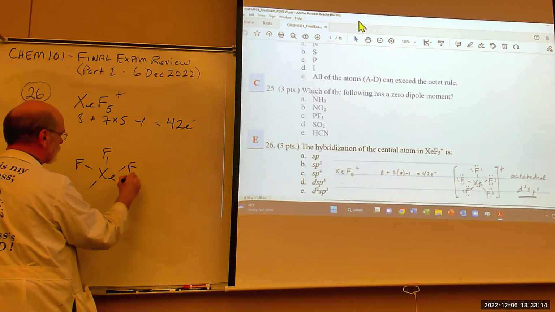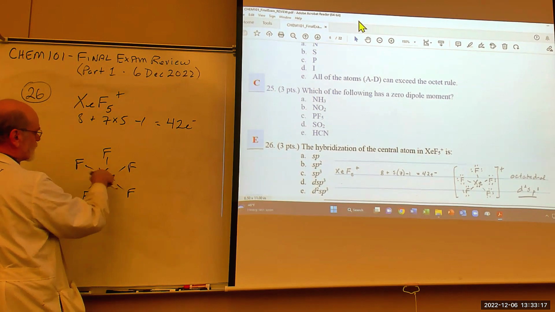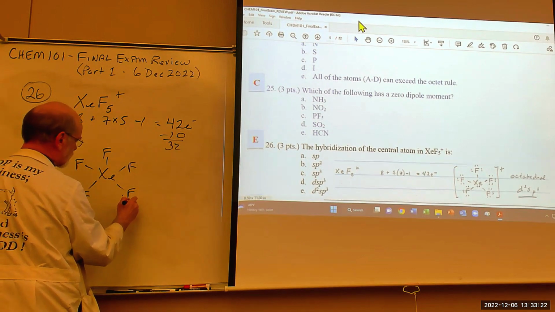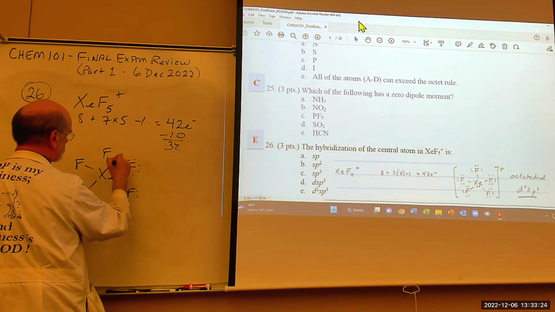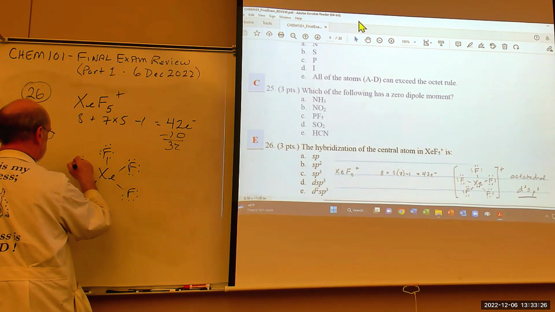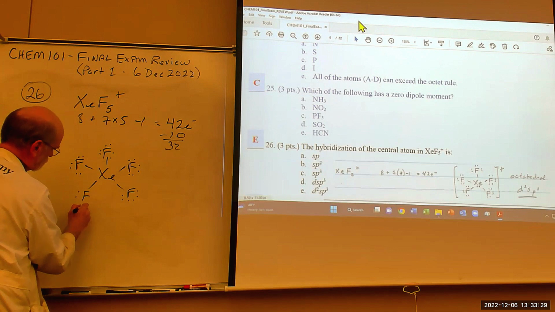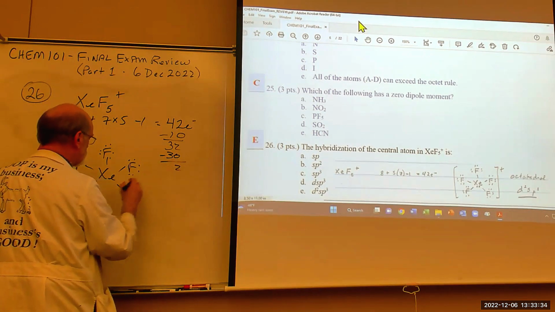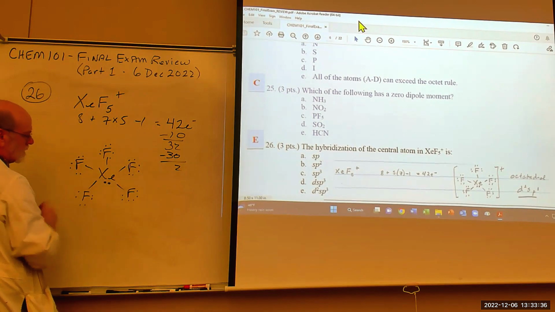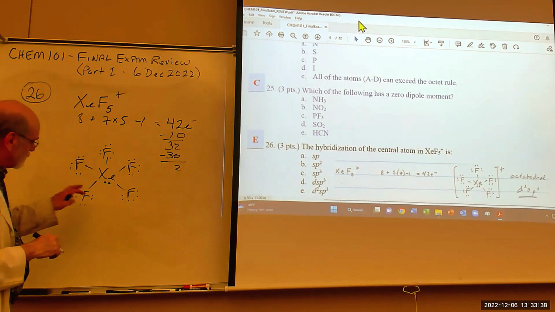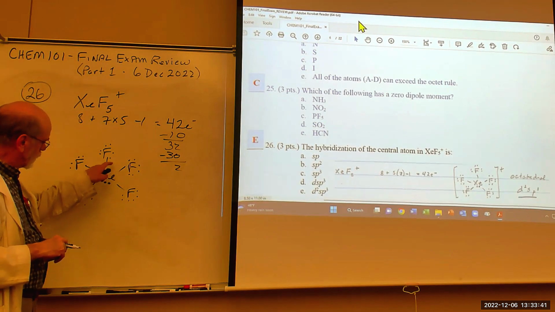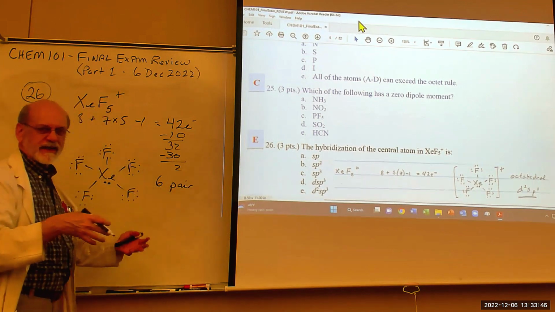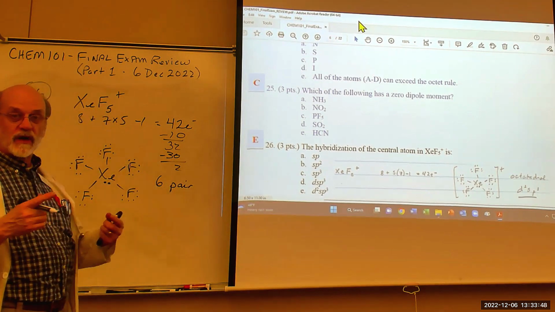We've got a place for each of the fluorines, and that's 10, which is 32, and then we can put 6 around each one of these. So 5 times 6 is 30. We have 2 electrons left over. Okay. That means 1, 2, 3, 4, 5, 6. 6 pairs or 6 effective pairs or 6 groups means what?